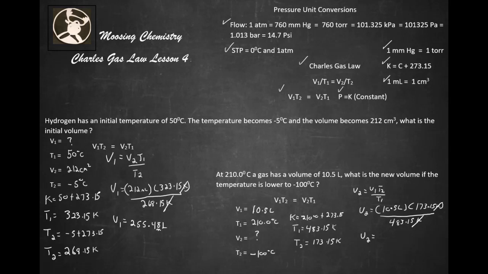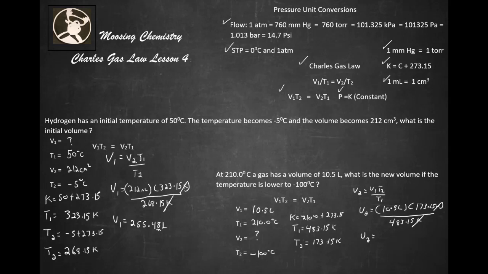So we take 10.5 times 173.15, divided by 483.15, and that's going to give us 483.15 liters. Don't like that. Let's look at this again.